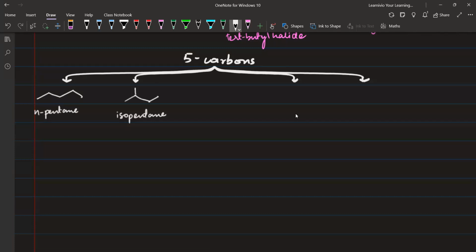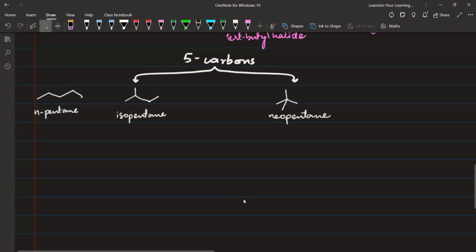And you can have one more, that will be neopentane. All the carbon atoms are here only. As you can see, this will be neopentane. There is no other possibility for five carbon atoms. These three cases you will have.